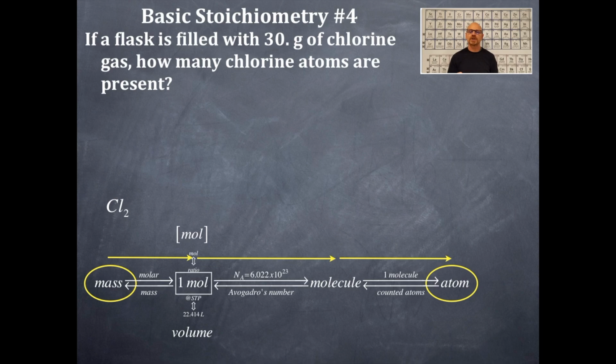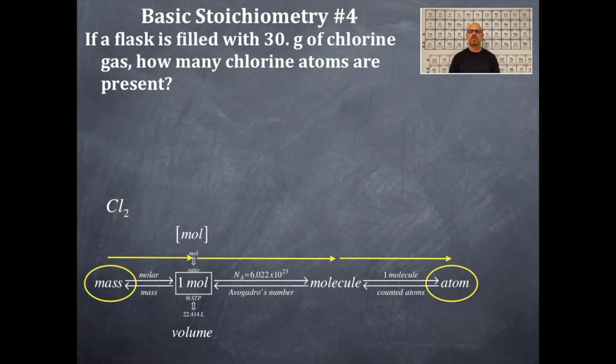So the first thing I'm going to do is have grams of chlorine, that's Cl2, to begin with. I'm going to have the molar mass of chlorine, Cl2, so I'm going to multiply the molar mass by 2 from the periodic table. And I'm going to have moles in the numerator. Then moles are in the denominator of my next term, and Avogadro's number goes with molecules. In the denominator of the next term, I'm going to also have the molecules, but it's not going to be Avogadro's number.